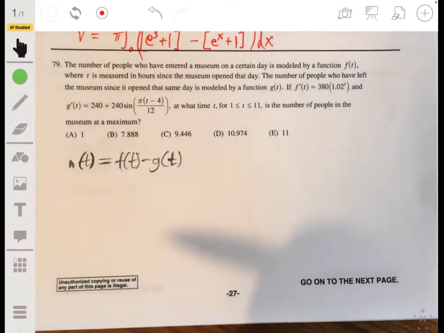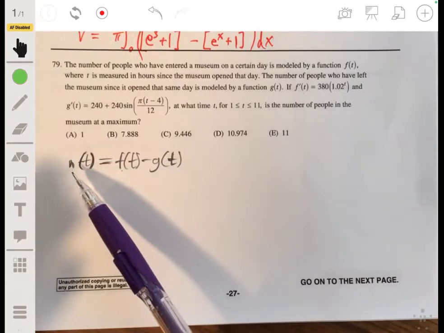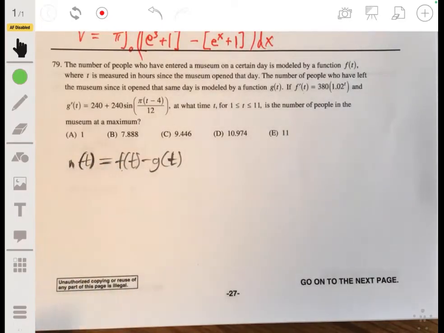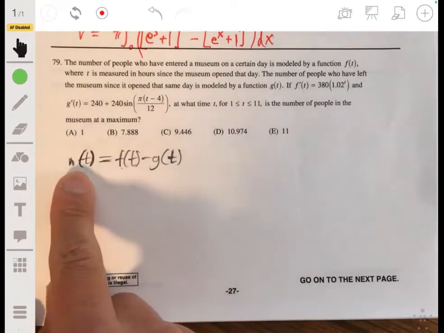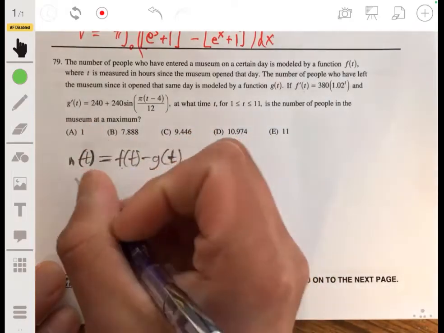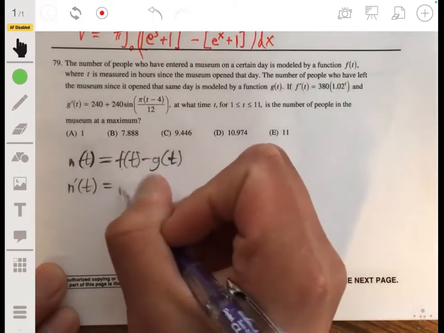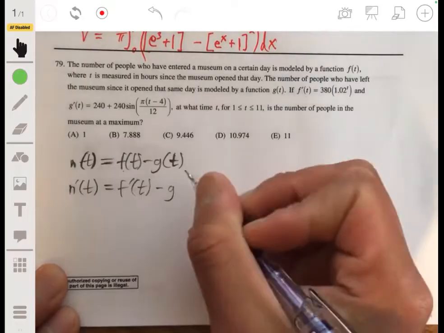So one way to go about this is essentially to recognize that the maximum number of people in the museum will occur when we study the derivative of n of t and look to see where it changes. In other words, if we find n prime of t, n prime of t would be f prime of t minus g prime of t.